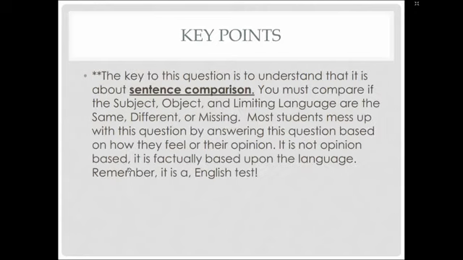Some of the key points to understand, as I said earlier, this question is all about sentence comparison: the meaning of the sentence, not how you feel, not your opinion, the exact meaning of the words themselves, because it's an English test. Very important to understand.